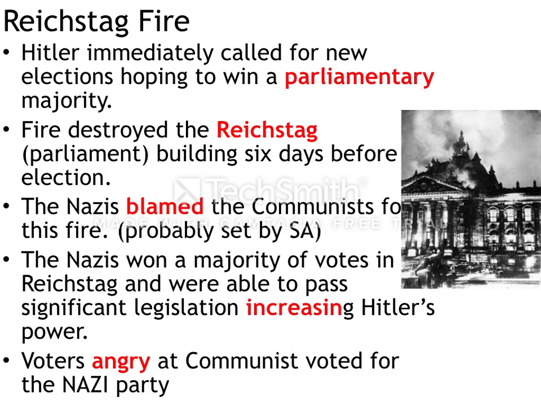Voters angry at the communists would vote overwhelmingly for the Nazis, thus giving them the majority that Hitler wanted. What we see here is, again, a fascist taking advantage of something that seems to be an act of terror and using it to his benefit in consolidating power.